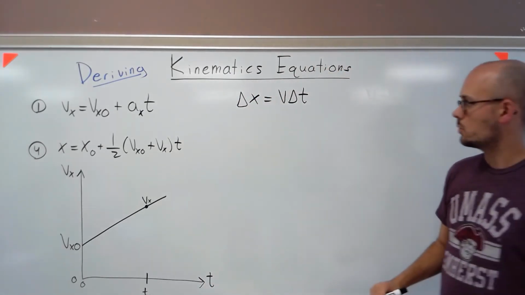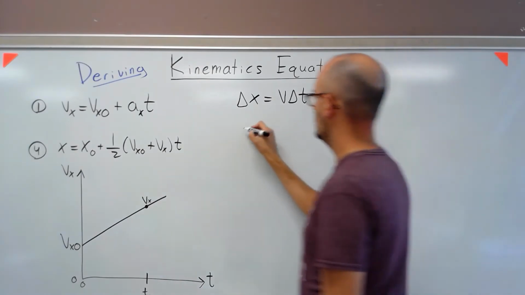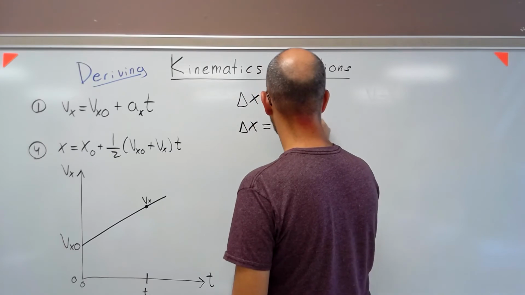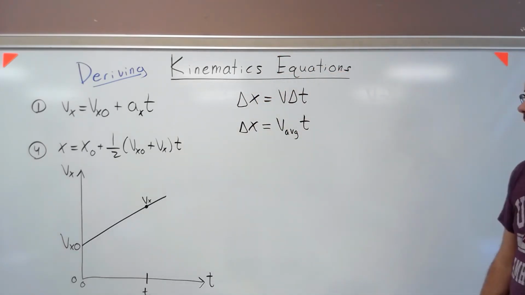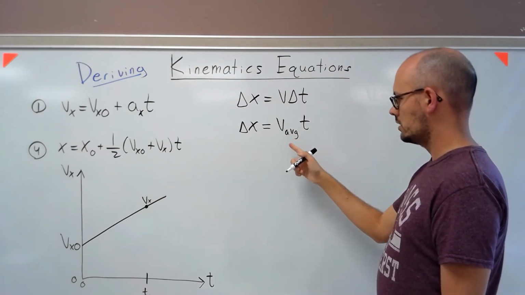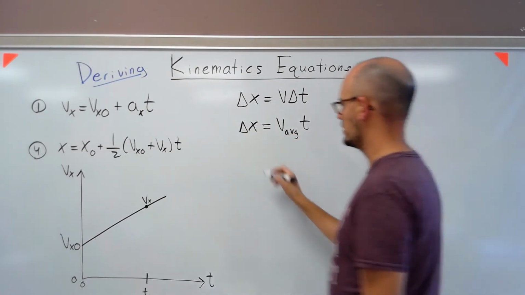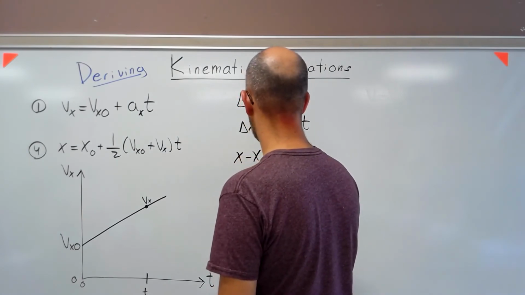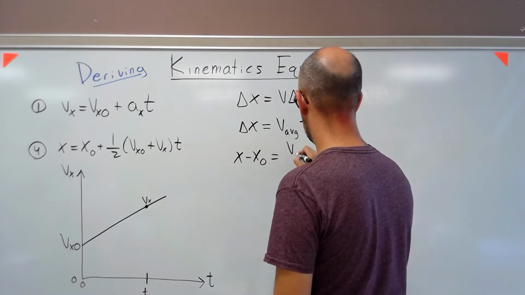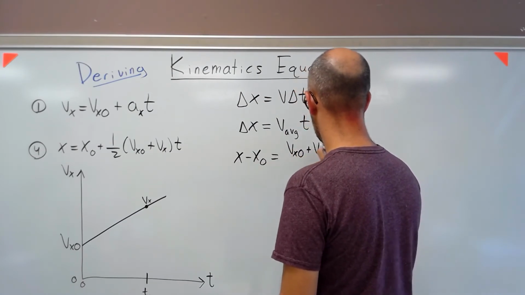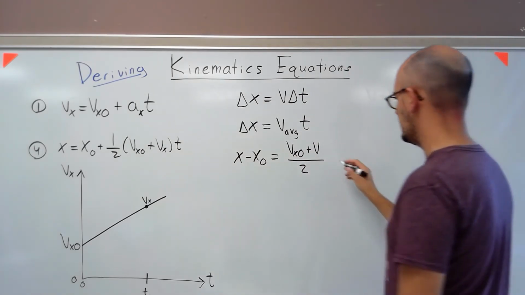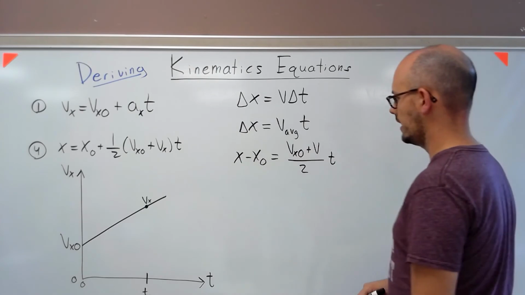As it turns out, we can replace this with the idea of displacement being average velocity times time. We can just substitute in our equation and then the equation for this. So I can say x minus x naught is displacement. Average velocity is the initial velocity plus the final velocity divided by 2, because you're taking the arithmetic mean there, and then that's times time.